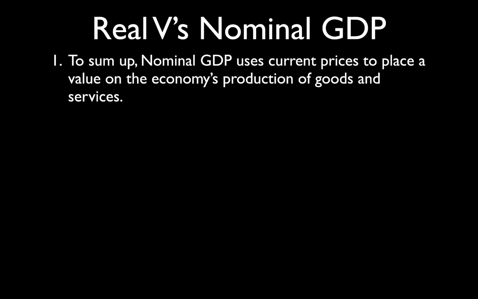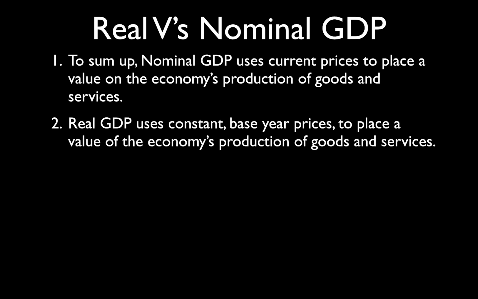So to sum up, nominal GDP, nominal national income, uses prices that existed at the time to place a value on the economy's production of goods and services. Real GDP, and again we will look at different ways of doing this, and I will stress that this is not a way that you'll be using CPI, Consumer Price Index, and GDP deflator, uses constant base year prices, or it uses a way to remove the effects of inflation on calculating our national income figure.